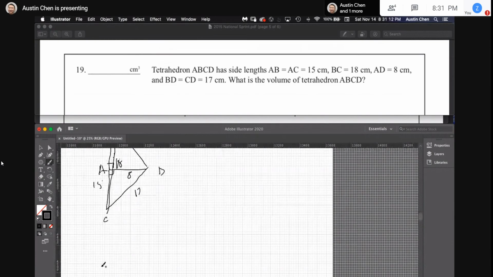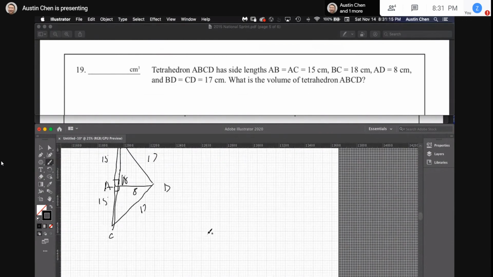So imagine that this tetrahedron is on the ground here, and BAC is right here. This is 15, 15, 18. This is BAC, and then we have D here. These go like that, and then these are right angles. There we go. That's the figure I needed.